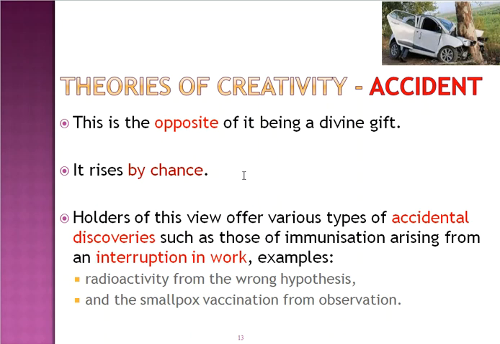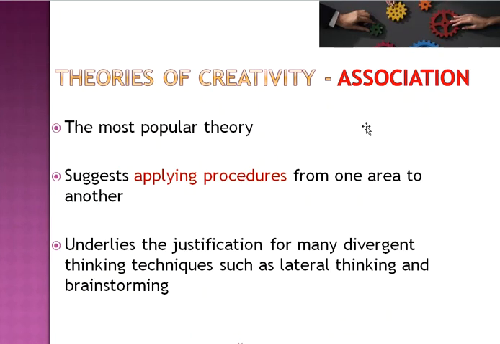Two theories we have so far, or notions about explaining creativity: grace and accident. Number 3 is association, and this is a somewhat popular theory. In creativity, we try to find relations, we try to associate, we try to apply procedures that work in some area and make them happen in another one.